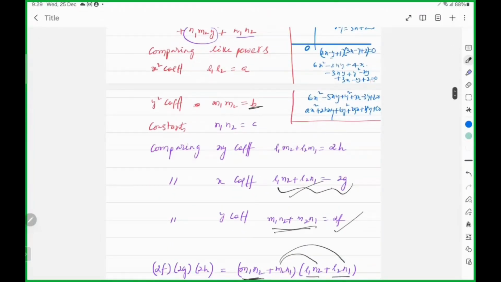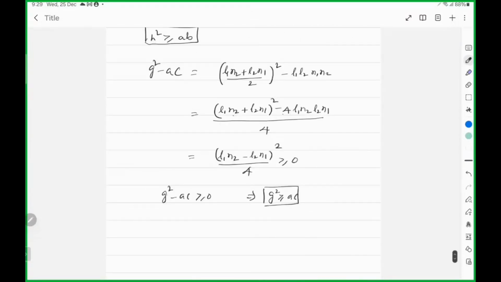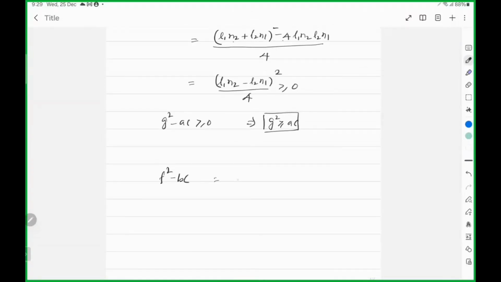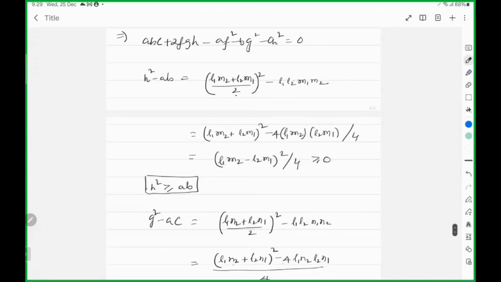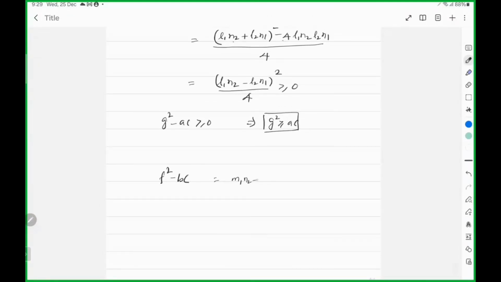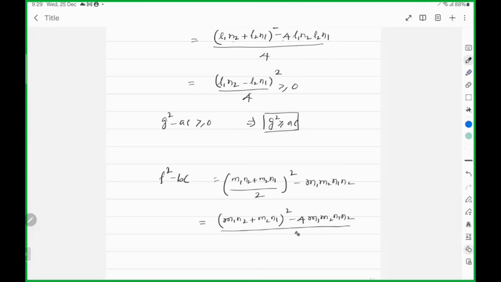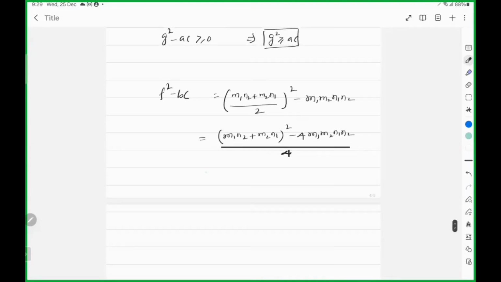What is f? f² − bc. f is (M1N2 + M2N1)/2, whole squared, minus (M1N2 + M2N1)... It is (a + b)² − 4ab, which is (a − b)². A whole square is not negative, meaning greater than or equal to 0.